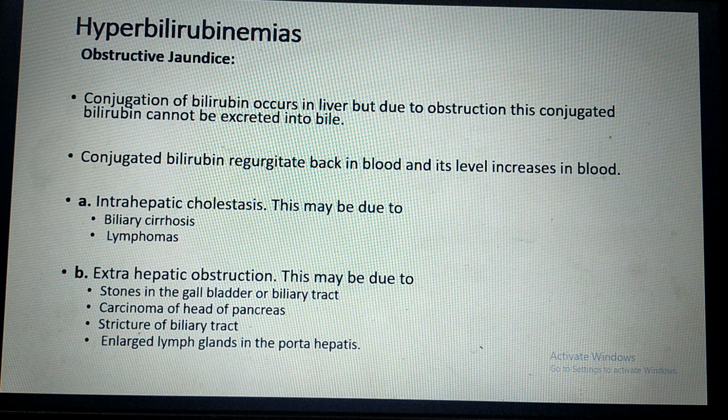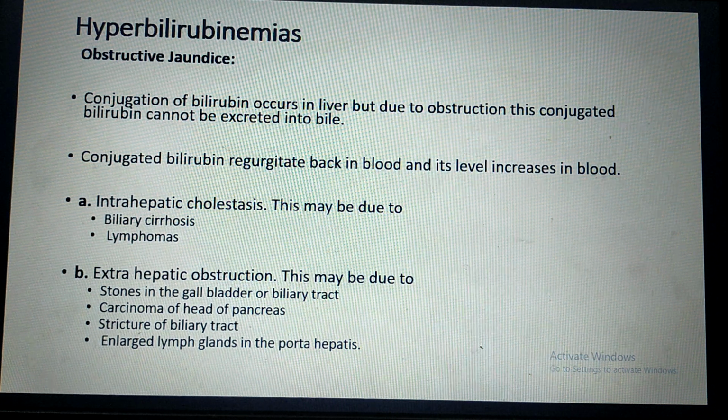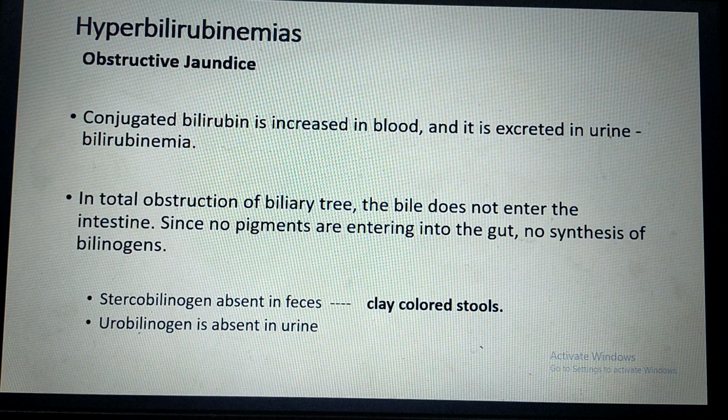Extrahepatic causes of obstruction are stones in the gallbladder or biliary tree, carcinoma of head of pancreas, stricture of biliary tree, and enlarged lymph nodes in the porta hepatis. Here, conjugated bilirubin is increased in the blood and its excretion in the urine, leading to bilirubinuria, which is detected by Fouchet's test.